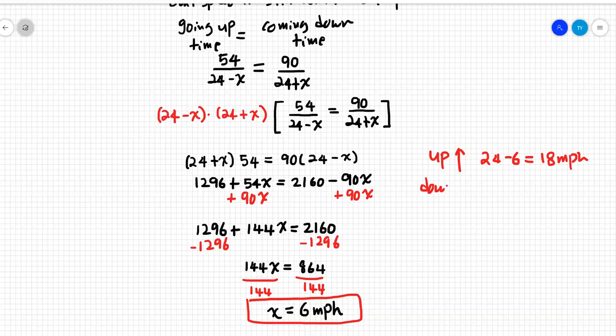And if you are coming down, then you got 24 plus 6, you're coming down with 30 miles per hour. Remember that the speed of the boat is a constant at 24 miles per hour, because the current of the river is 6 miles per hour. So if you go upstream, you lose that 6 miles per hour. But if you're coming down with the river, you gain that 6 miles per hour of the current.